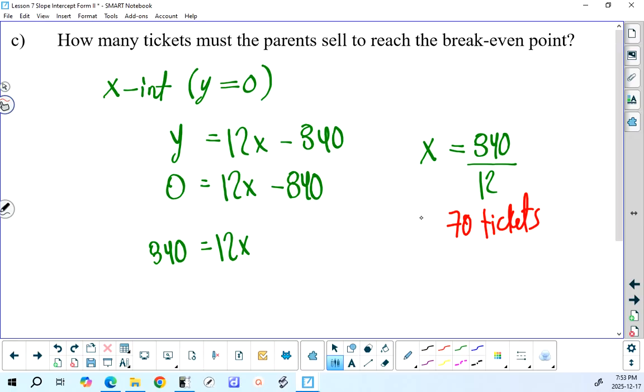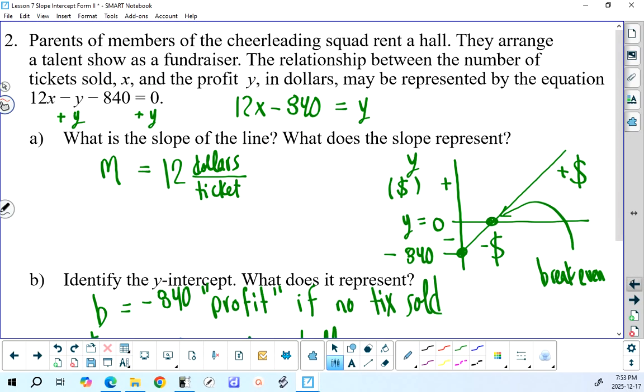If you were to graph this using technology, you would discover that this would have a value of 70 for x. So as soon as you go above 70, your profit is positive. If you go below 70, you're losing money. At 70, you break even. Break even means you didn't earn anything and you didn't lose anything. It's not a great situation, but it's not a bad situation.